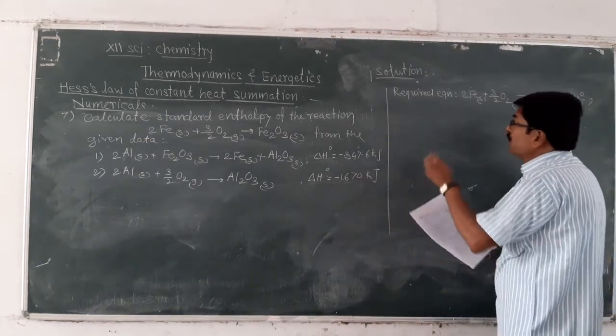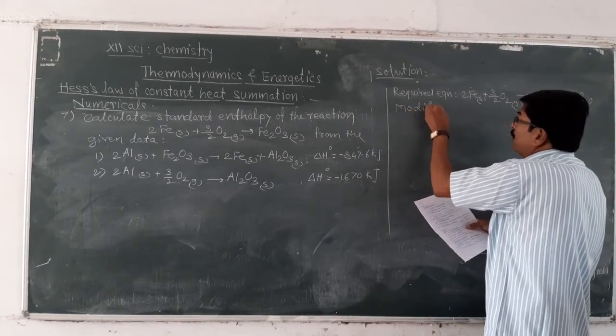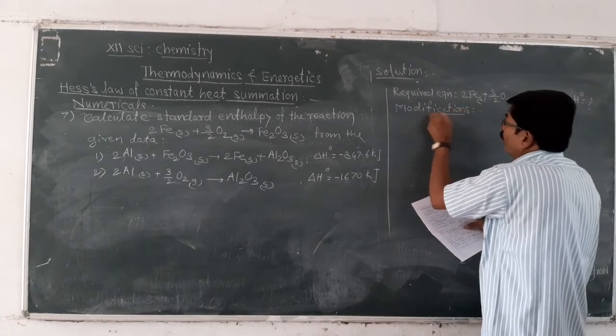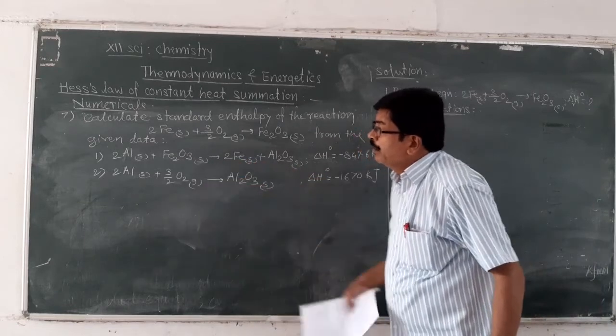What modifications are done to get this equation? By seeing this equation, we can modify.